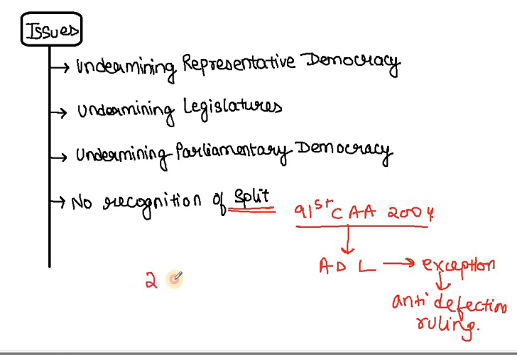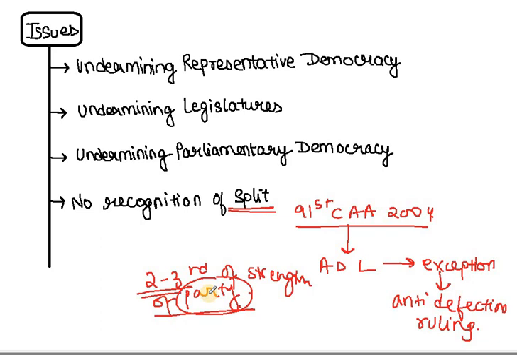According to this, the 2/3 strength of party should agree for a merger, then it will not be counted as defection. अगर एक पार्टी की 2/3 population agree करती है, yes, we agree for a merger with another party, then that would not be counted as defection. And that was the exception. The amendment does not recognize a split in the party.